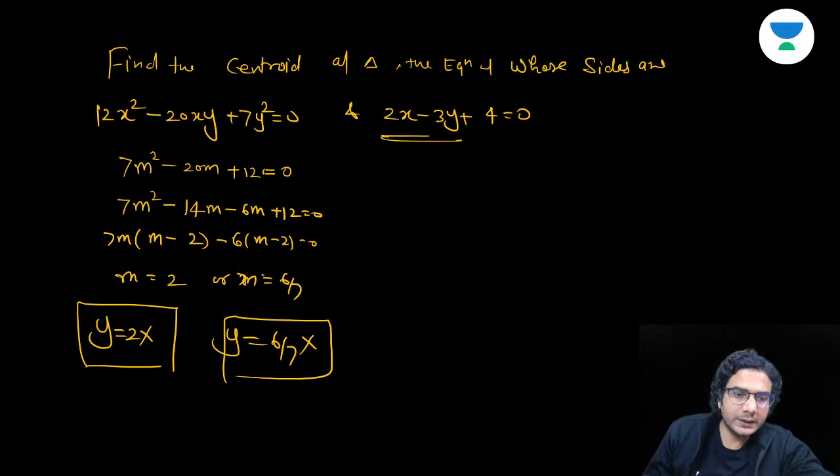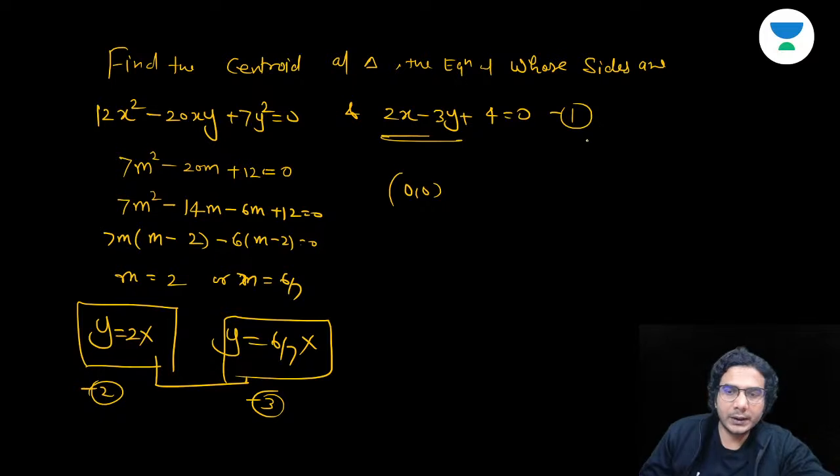One point is of course 0, 0, the point of intersection of these two lines. Solve line number 1, line number 2, and line number 3. If I put y is equal to 2x in this, it is going to be 2x minus 3 into 2x plus 4 is equal to 0.